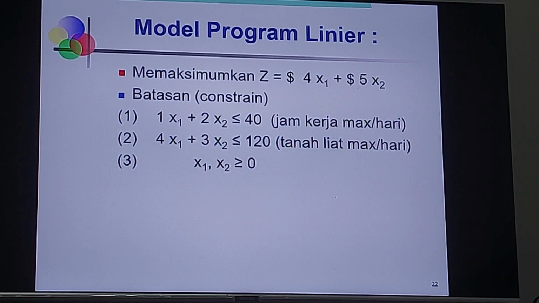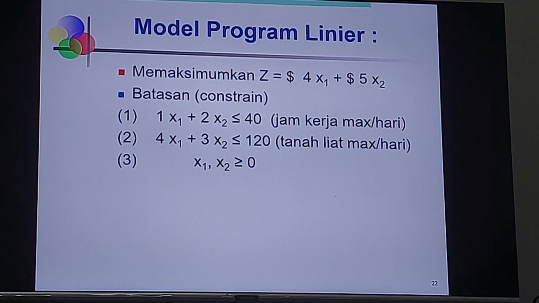Any more questions? Maybe the decision variable has something to do with what we are going to optimize, just like the profit. The profit will depend on the variables, x1 and x2. So remember, profit is also a variable, but it depends on the independent variables.